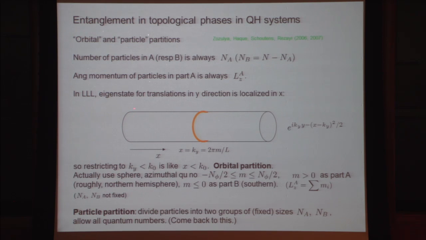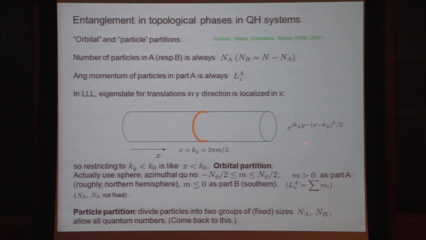So let's look at the lowest Landau level and put it on a cylinder this time, with circumference L. In this case, it's convenient to use the Landau gauge. We have explicit translation symmetry along the y direction going around the cylinder, so we can use plane waves in the y direction, and then we find that in the x direction we just get a Gaussian centered at the value of k_y, in my units where the magnetic length is 1.